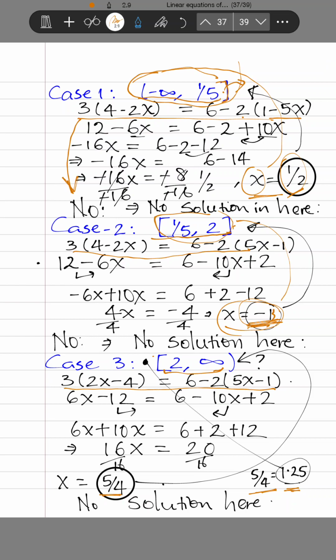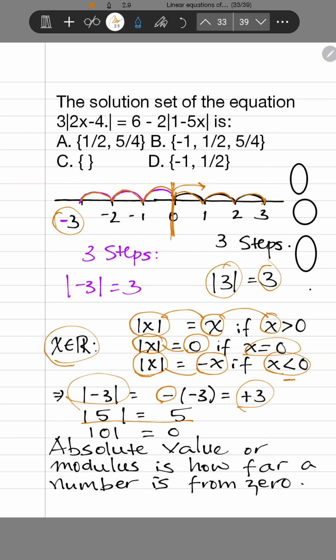Should we take all this time to answer this question? In fact, no. So how do we deal with absolute value questions then? Let's see that. Those numbers, -1, 1/2, and 5/4, seem to be part of the solution set, but they are not within the given range or domain.